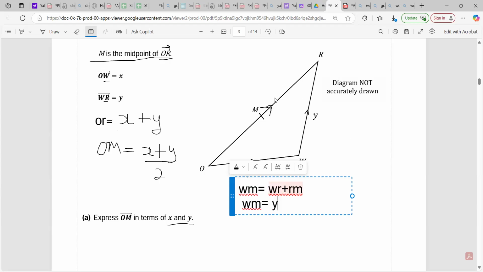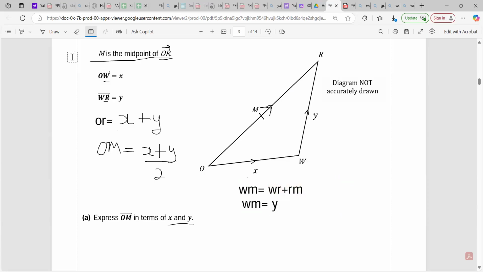For this part here now, it would be minus, because we're going against the arrow. This is going to be minus a half of X plus Y. Because remember, originally we calculated the entire thing to be X plus Y, but we're only going halfway and we're going against the arrow, so this is going to be a minus.